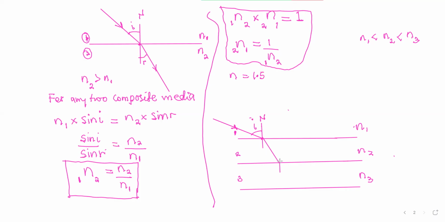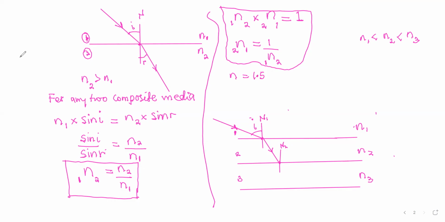This is the normal. The bending of light takes place at the boundary, so when the light gets to the boundary, then it will bend. So this is n1, another normal, n2. This is the refracted ray, the point of incidence. The light is also passing through medium 3.